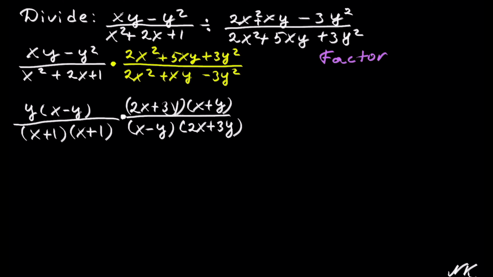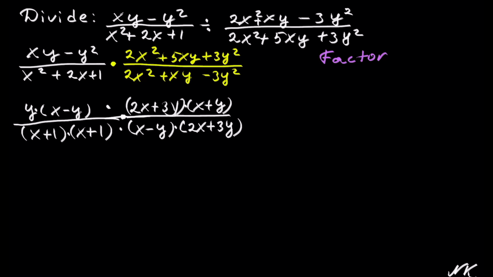Multiplying fractions is done by multiplying numerators and denominators together. So now in the numerator we have y times x minus y times 2x plus 3y times x plus y. And in the denominator we have x plus 1 times x plus 1 times x minus y times 2x plus 3y. On this step, we can reduce common factors.